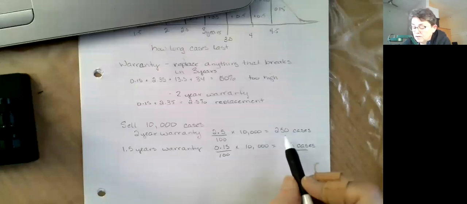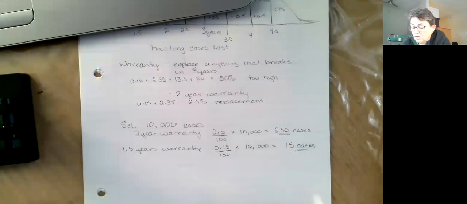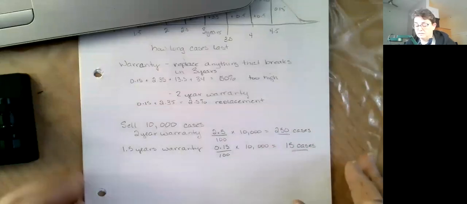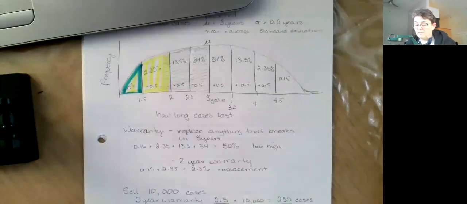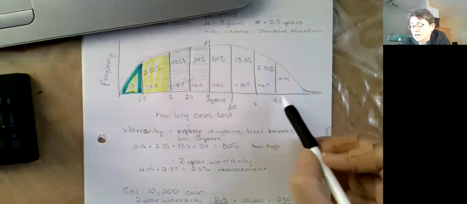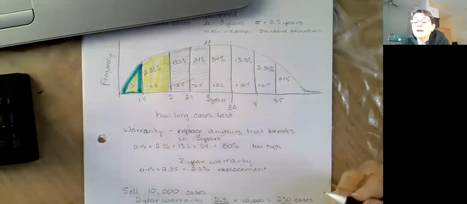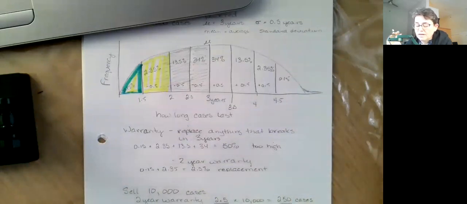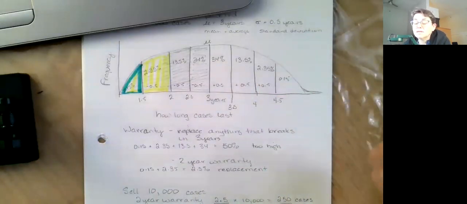And there's going to be about 250 in total that'll die before 2 years. But it never allows you to look at a specific case and say, oh, well, this is the one. It's just as likely that if I pick one, maybe I'm going to be lucky and I'm going to get a case that lasts over 4.5 years. Okay, I hope that makes more sense. And remember, don't get worried about it. Just always start with a picture.